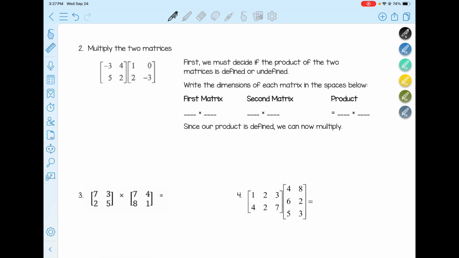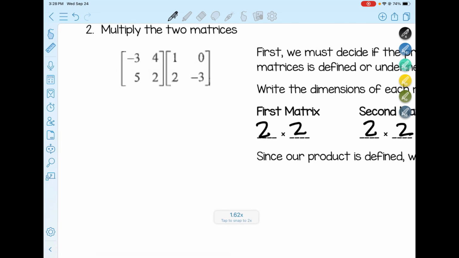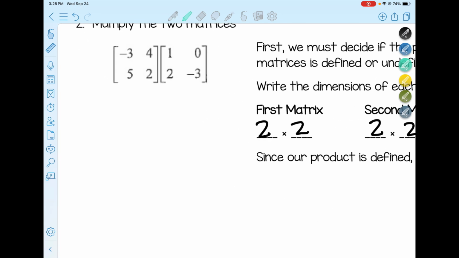So the first thing we want to do is determine if we can multiply these. We can see that this first matrix is a 2 by 2 matrix, and the second one is a 2 by 2 matrix. Since the two numbers in the middle are the same, it'll work. We take the outside numbers to see the resulting matrix, which will be a 2 by 2. How we will do this, I am going to go row 1 times column 1.